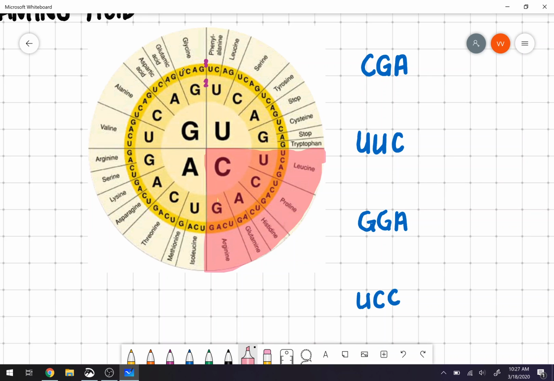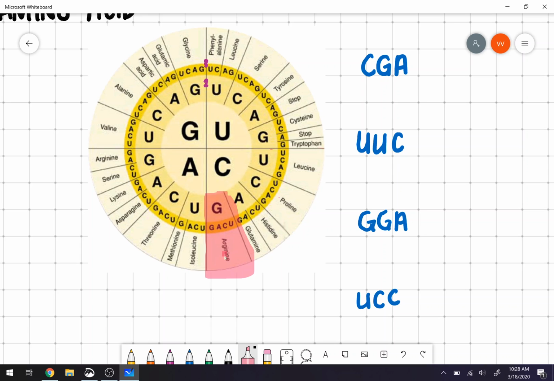So our first letter is C, our second letter is G. That means we're going to go into that little corner, to the next biggest letter.